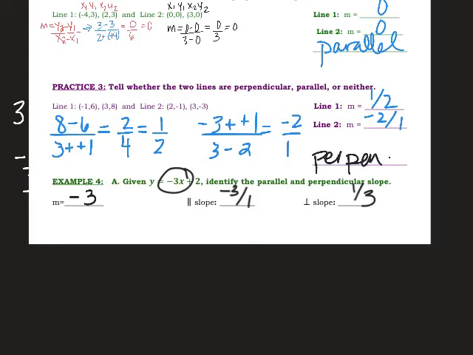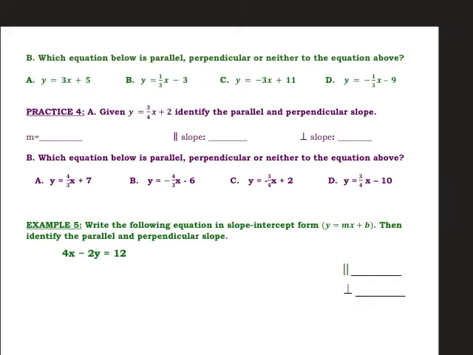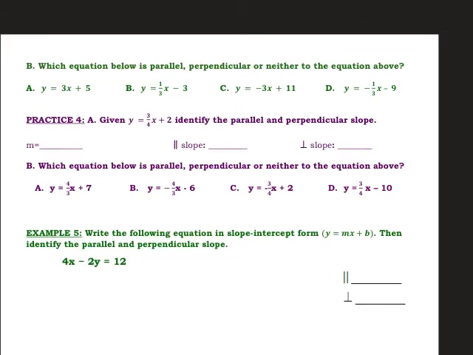So go ahead and try the practice on the back side. Looking at this one, I'll write it. What is it? -3x plus 2. Which equation below is parallel, perpendicular, or neither to the equation above?